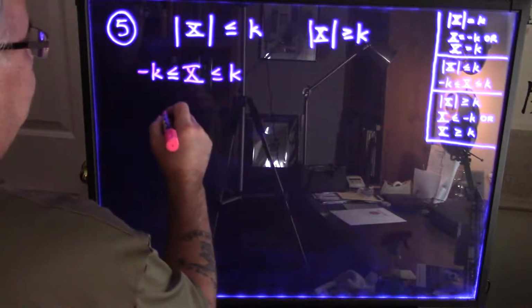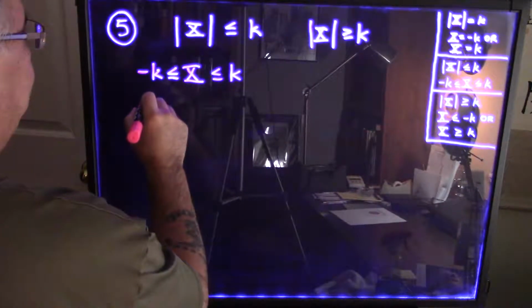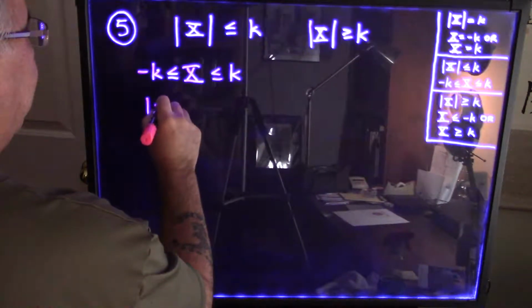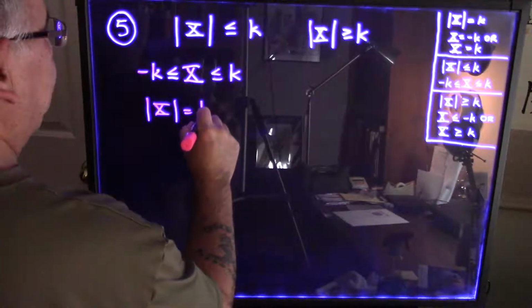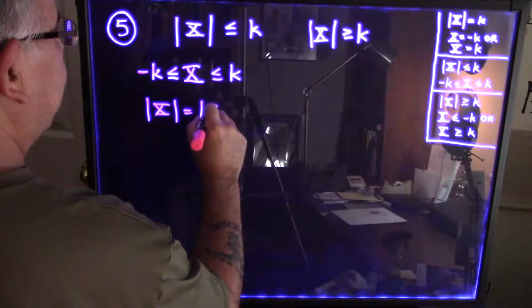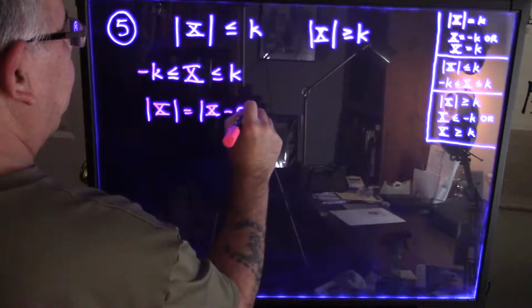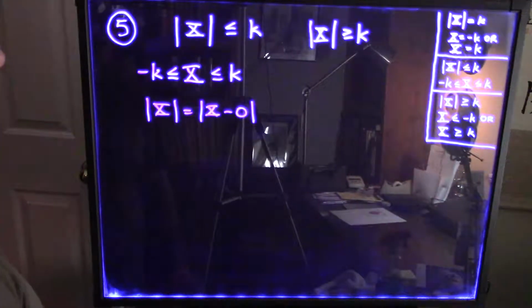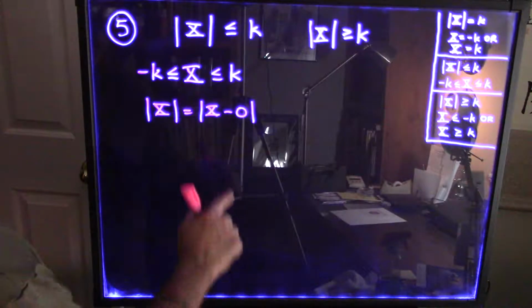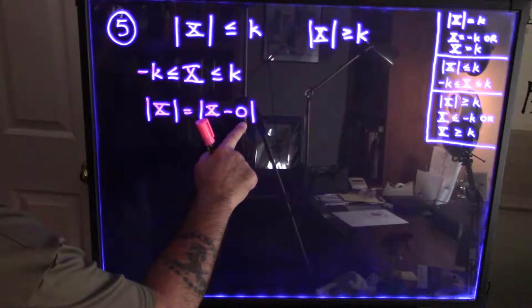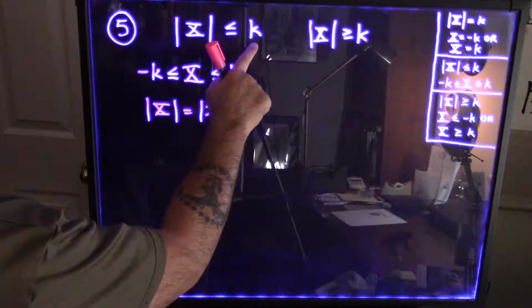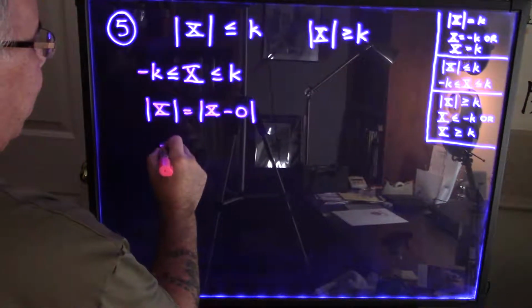You can think of this expression here, absolute value of x, whatever x is, can be written like this: x minus 0 in absolute value bars. So this would represent the distance between x and 0, and we're saying that it's less than or equal to this number k.